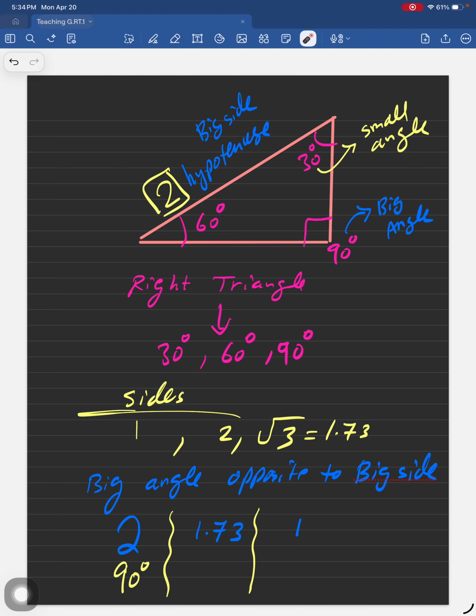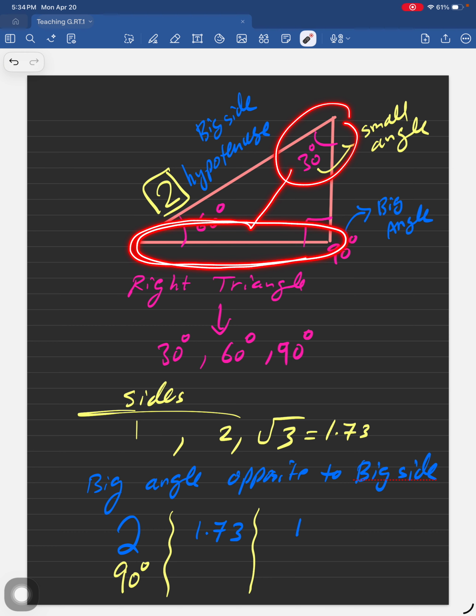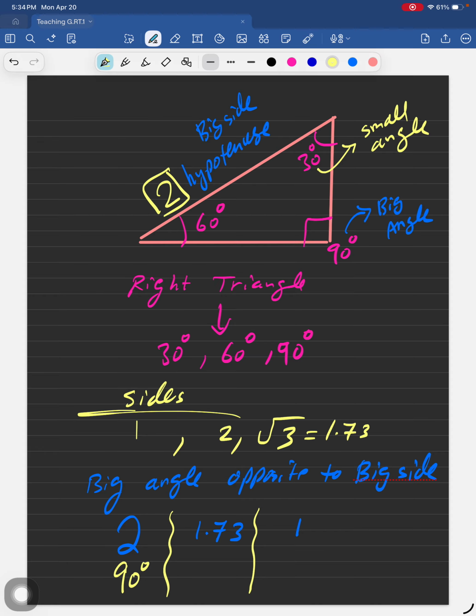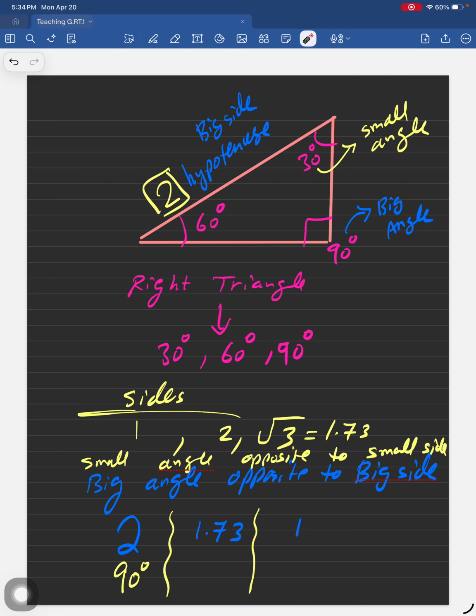And if we look carefully, we can see that this side here is the opposite of small angle. So as big angle is opposite to the big side, small angle is opposite to small side. The small side here is 1 and the small angle is 30.